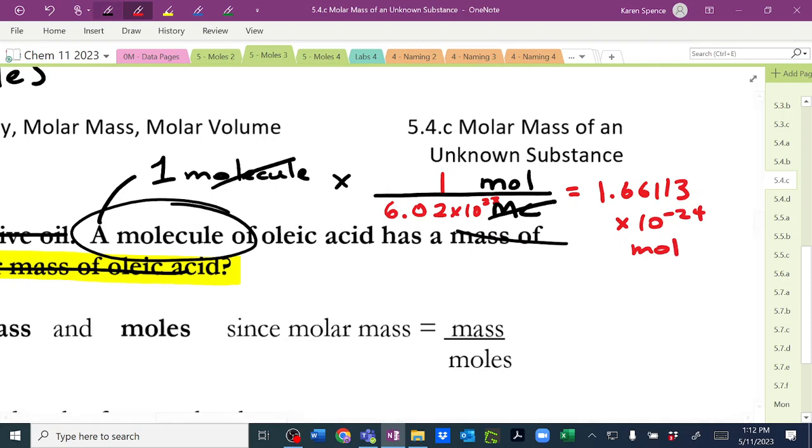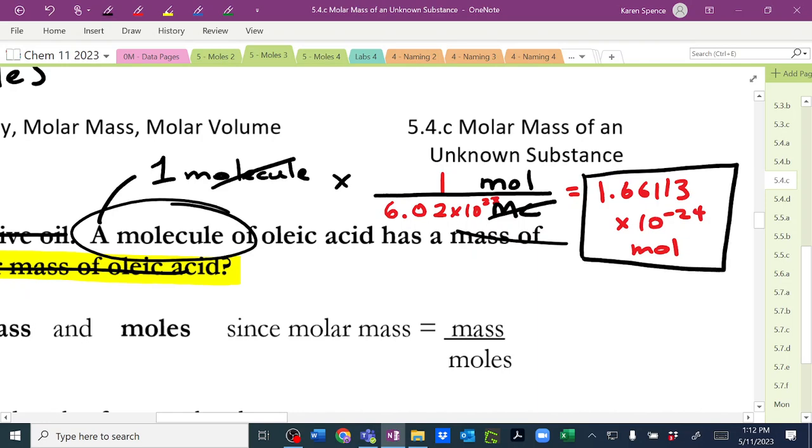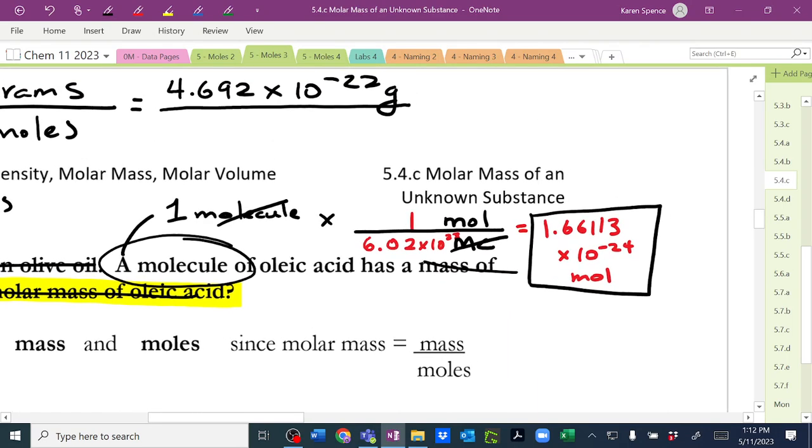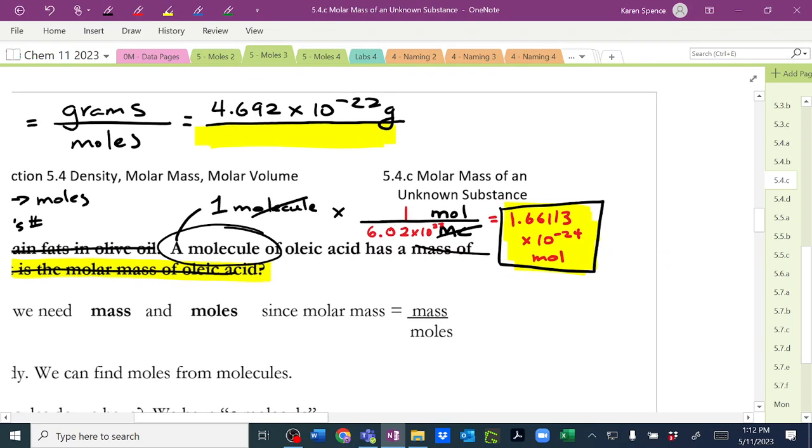So now I can take this number of moles, and I can put it up into my formula right here. I'm going to take that number and put it into the grams over moles.